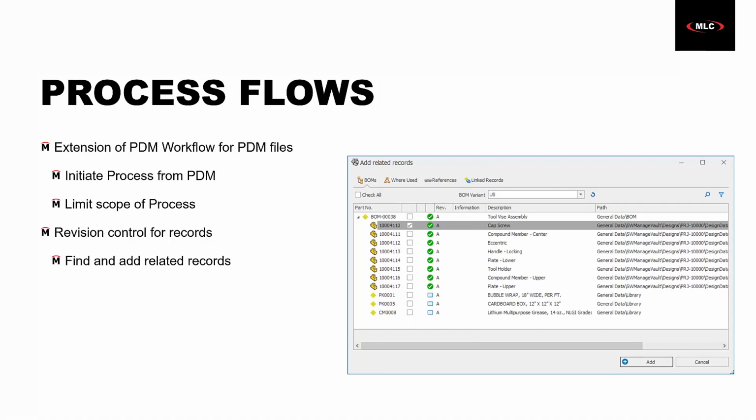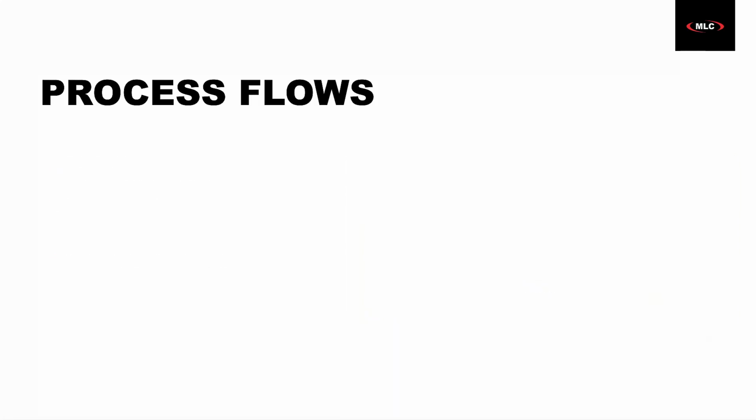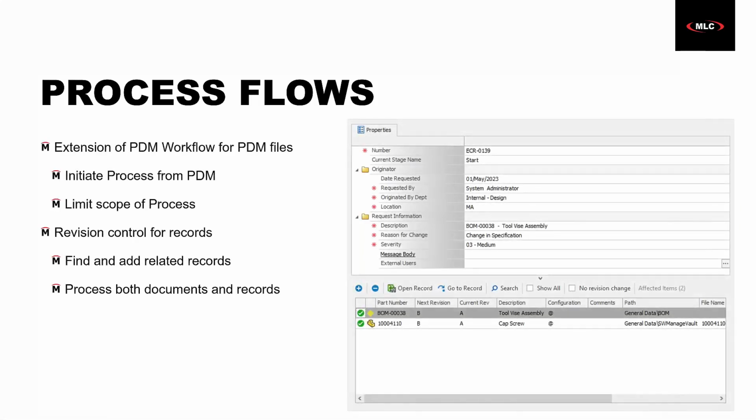Maybe I need to change the supplier. And I can add it directly within the scope of this process. So now we can see at the completion of our EC, our engineering change process, both the bill of materials as a record of data and the cap screw as a CAD document will both have the revisions incremented to B.